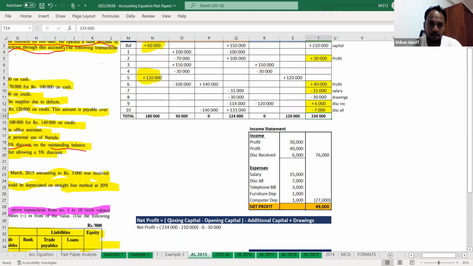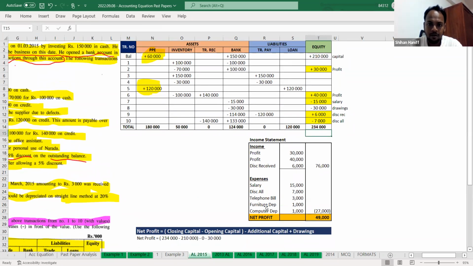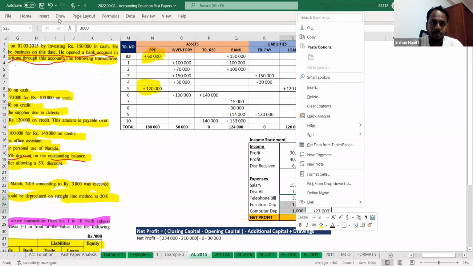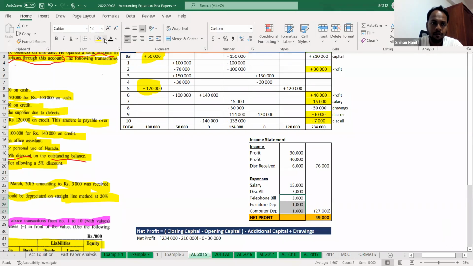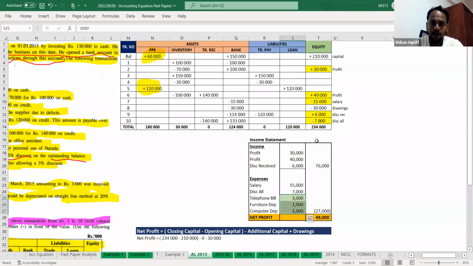Oh, sorry. There's an adjustment here. We have three expenses. These three expenses total 5,000, which should be deducted from this.